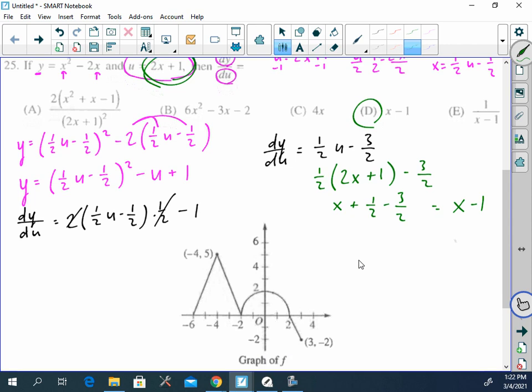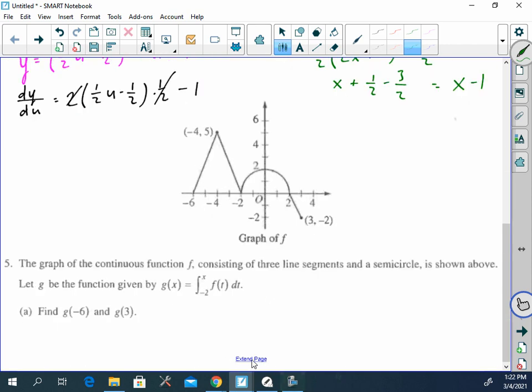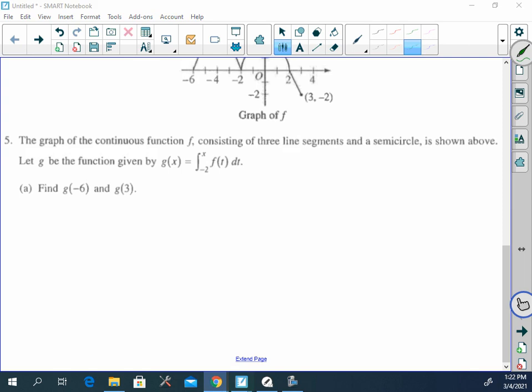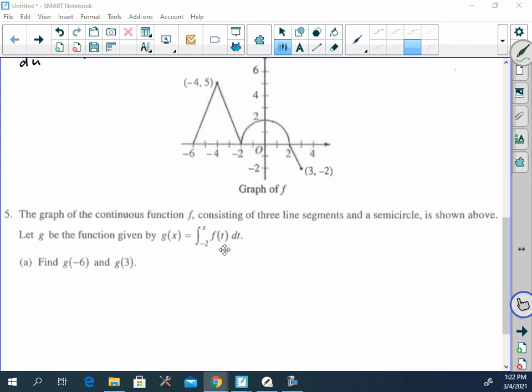Alright, and then one more question here, number 5, part A. Let me read your question a little more carefully here. The 10 turns to a negative, so we're looking at the first part here. If I'm finding g of negative 6, then I would be going from negative 2 to negative 6.